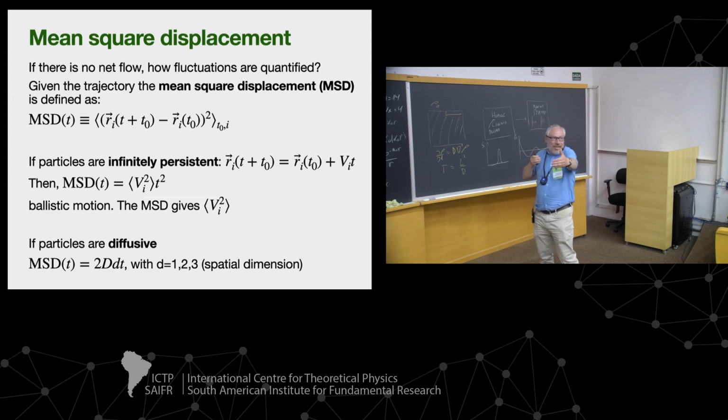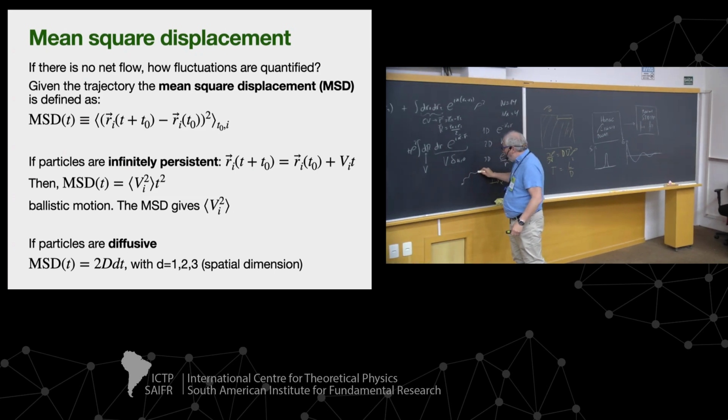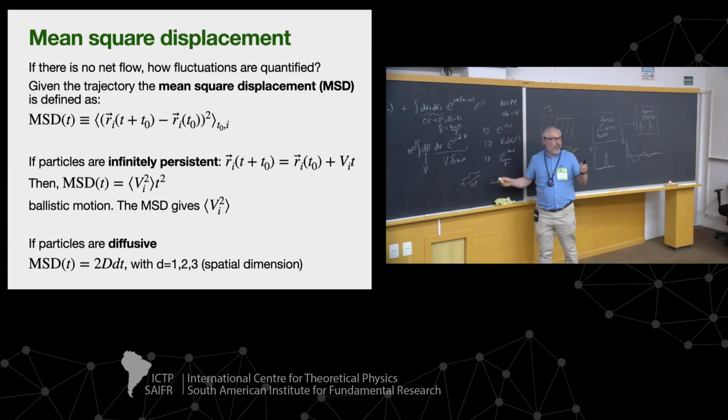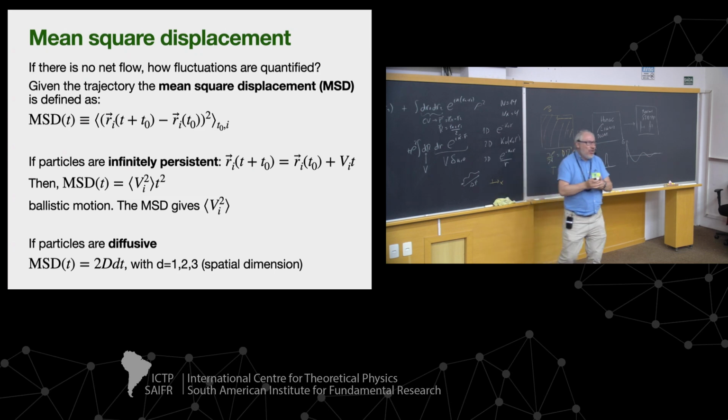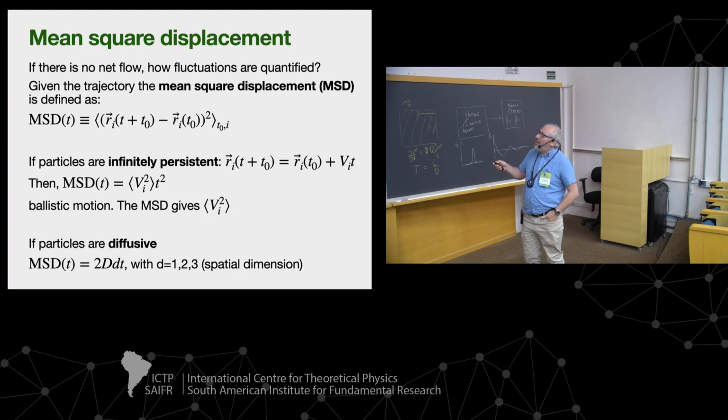So you compute the distance traveled by the particle, and you square that distance. Here you should take the modulus of the vector, delta r, during a time t. And you average over all possible initial times and all possible particles.